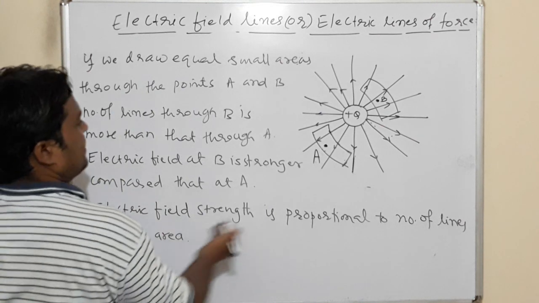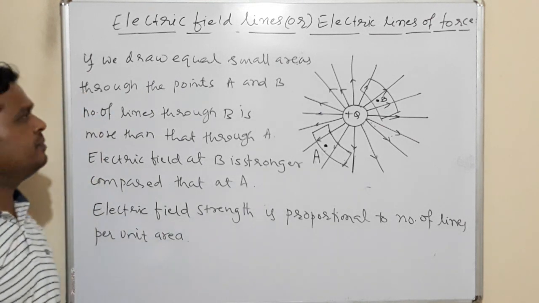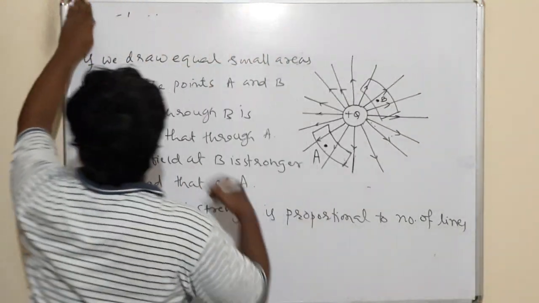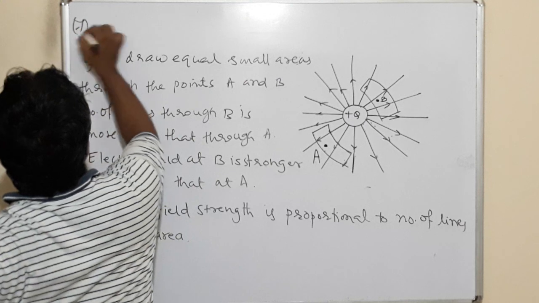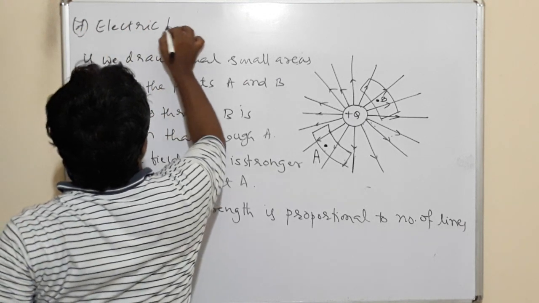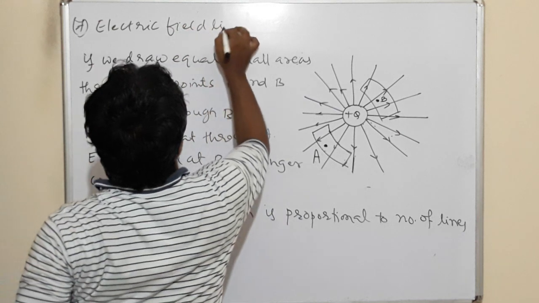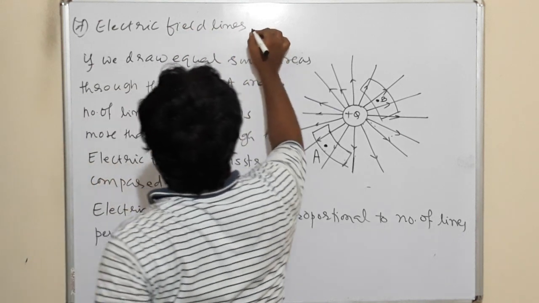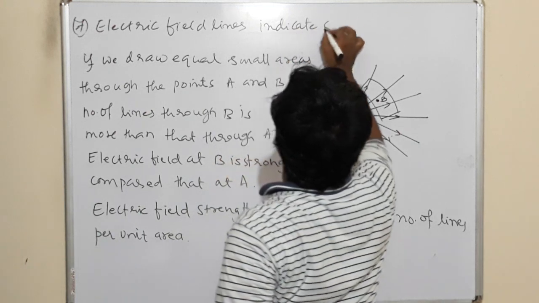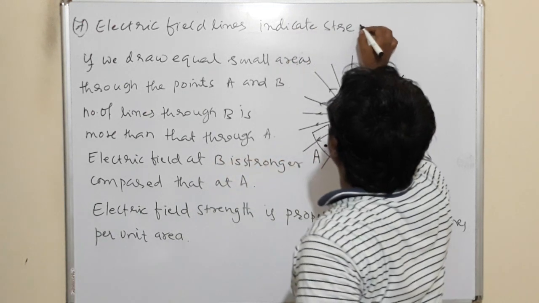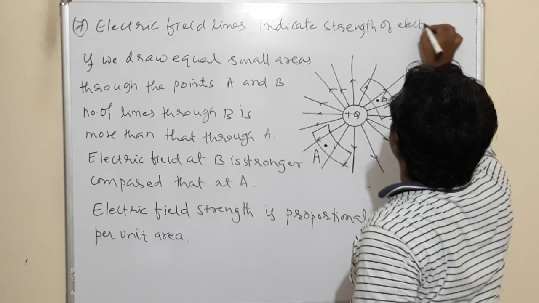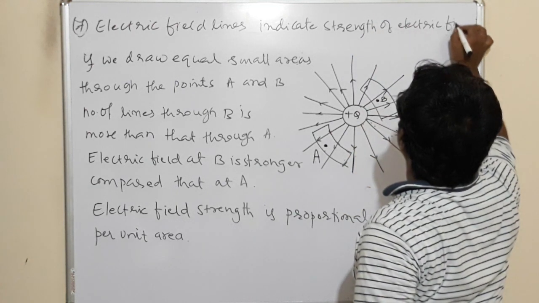That means this can be taken as property number 7. So what this property says: electric field lines indicate the strength of the electric field in a given area.